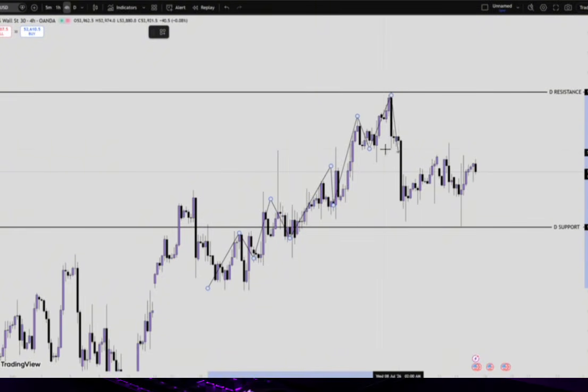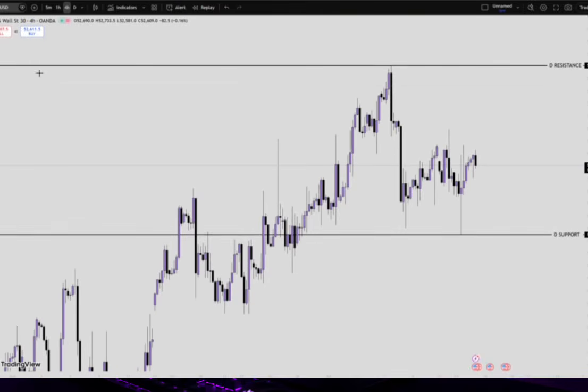So this is like a change of structure pattern, because this is like a double top, right? We have the first leg here and the second leg here, and from what we're seeing, this is the neckline, and that is where price is currently respecting. We don't know if that is going to really confirm, but this is like a change of structure pattern.